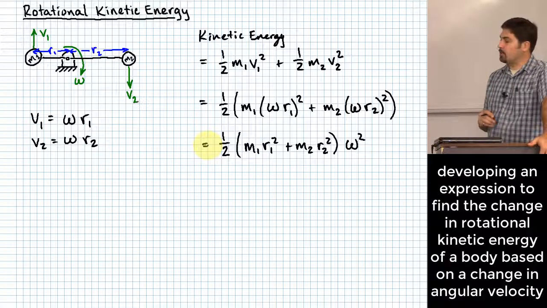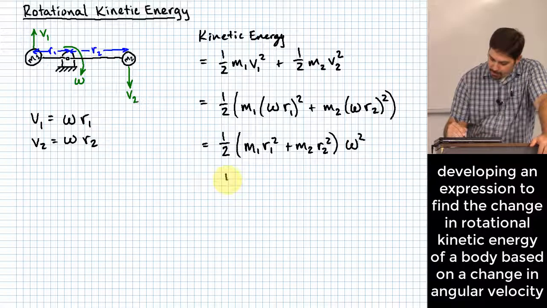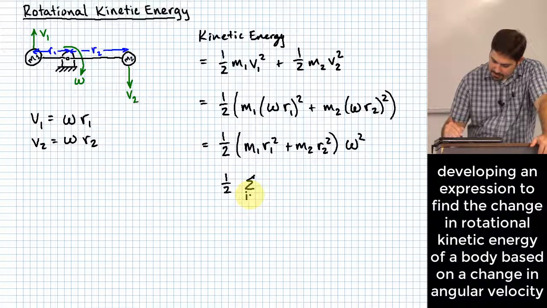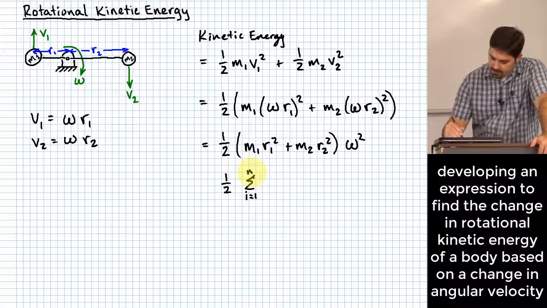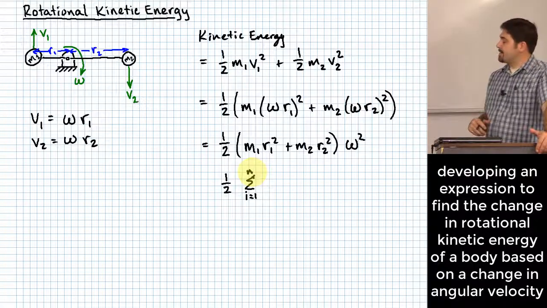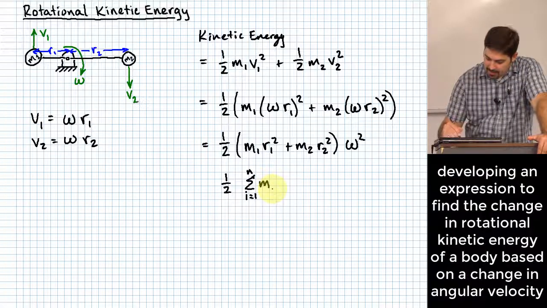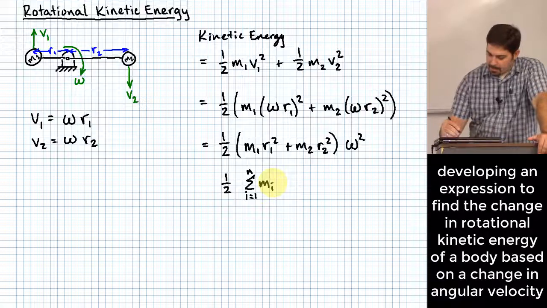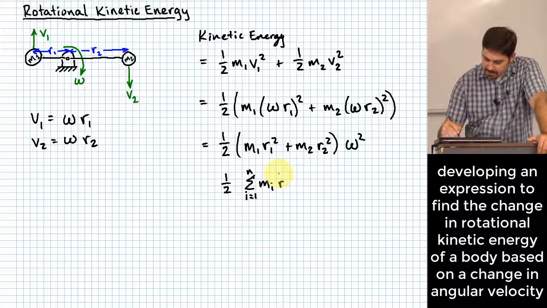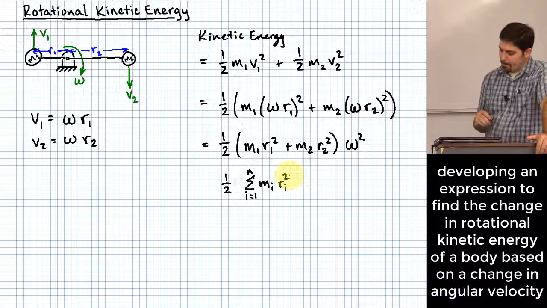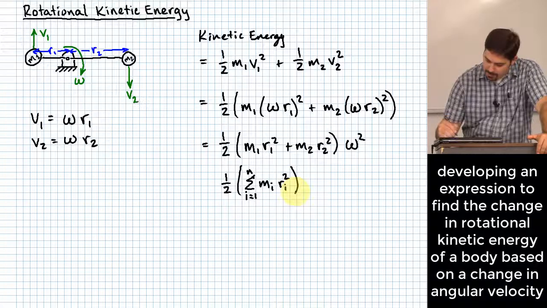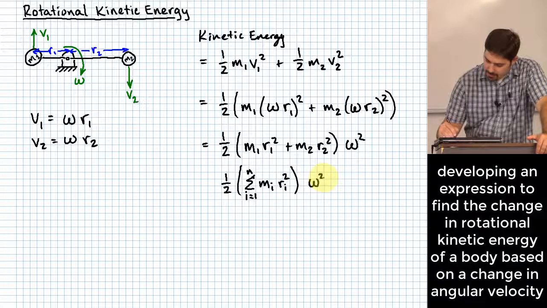What if I had a larger number of particles? The only thing that would change is I would have to sum up all of those particles, however many of them I had, in this case n particles, where i is an index that allows me to count through all the particles. And I would have here my masses and my radius values squared, and all that would be multiplied by omega squared.